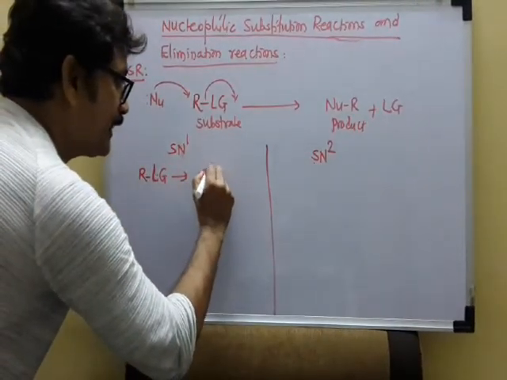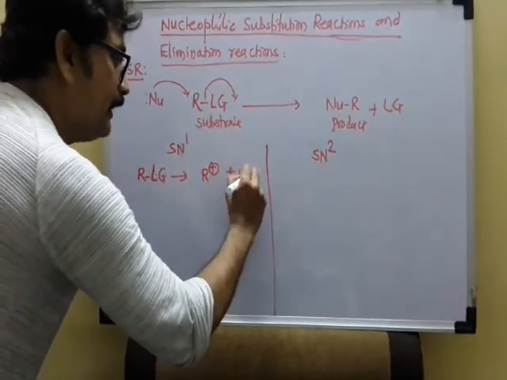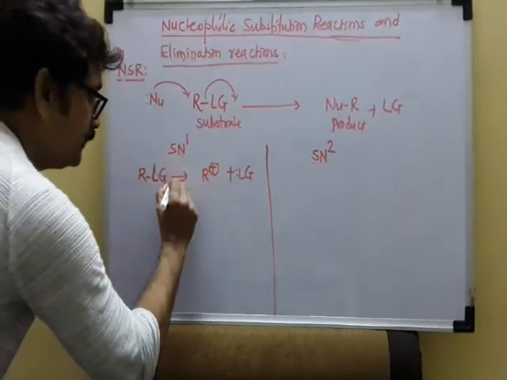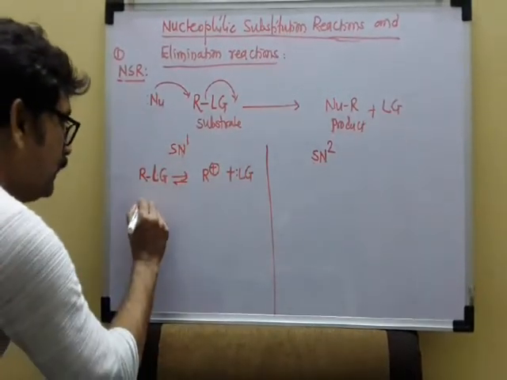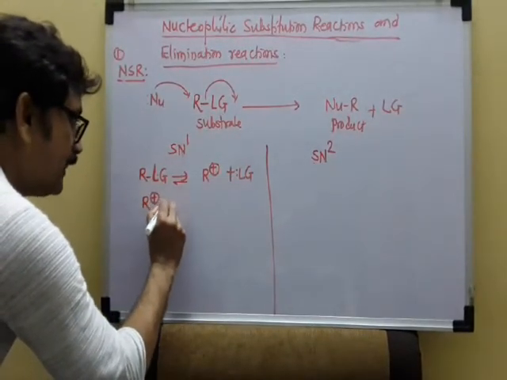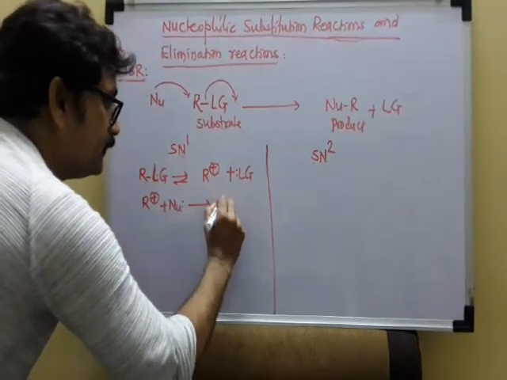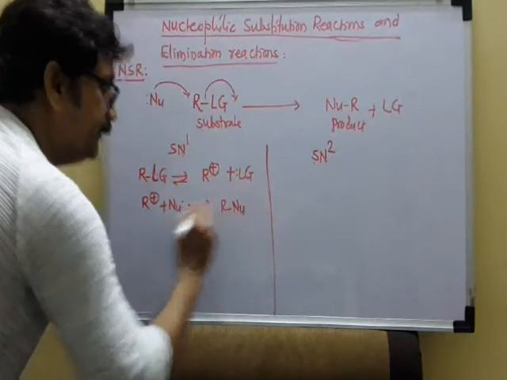First, a carbocation is formed and the leaving group is removed in the first step. This is the rate determining step. In the second step, this carbocation combines with the nucleophile to get R-Nu.